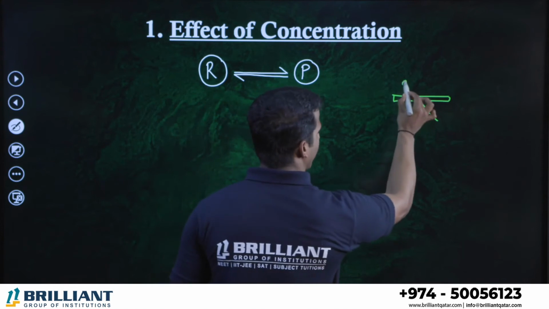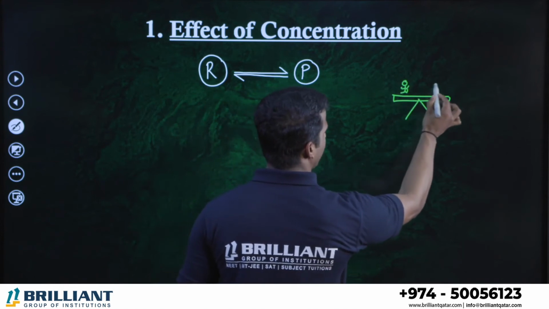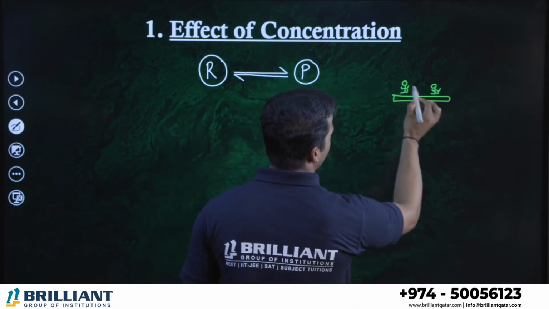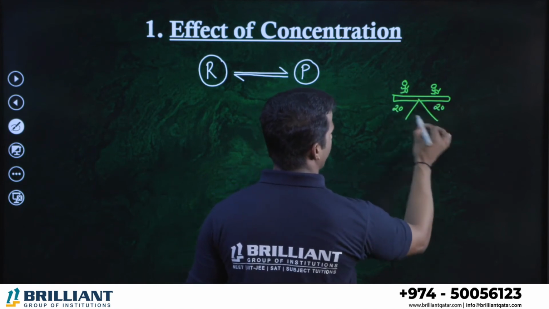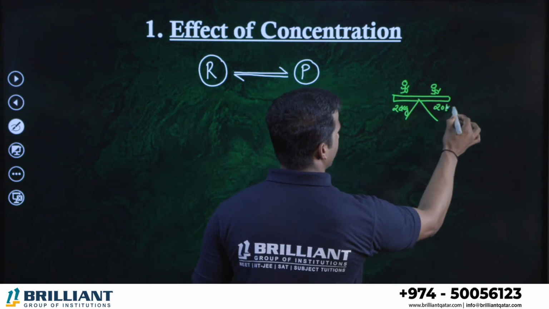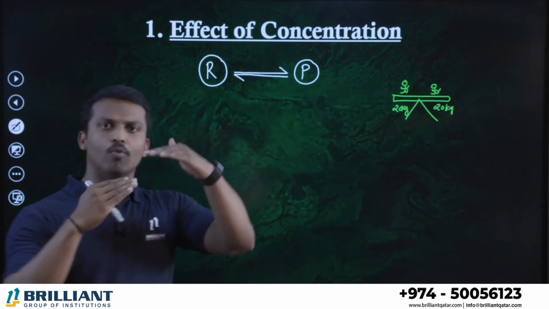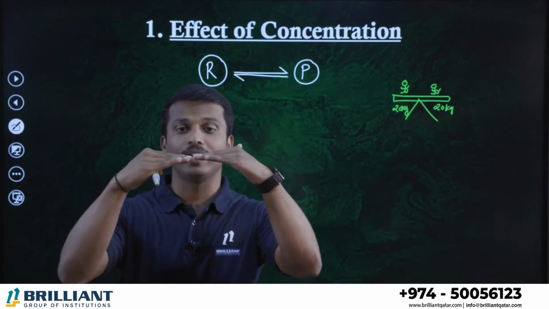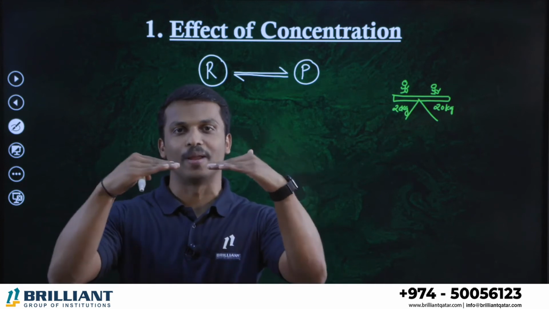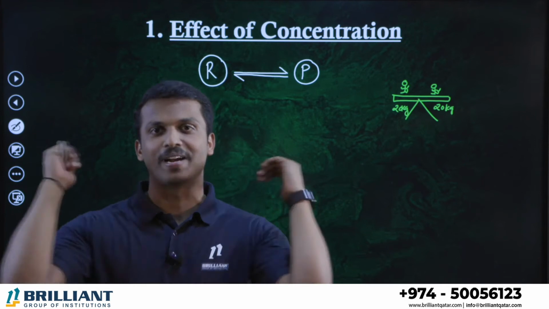Suppose there are two persons. Suppose the first student's weight is around 20 kilogram, here also around 20 kilogram. Will there be any movement? No. They are equal, right? They are 20, so they will balance. This is called equilibrium. Now they are under equilibrium condition.